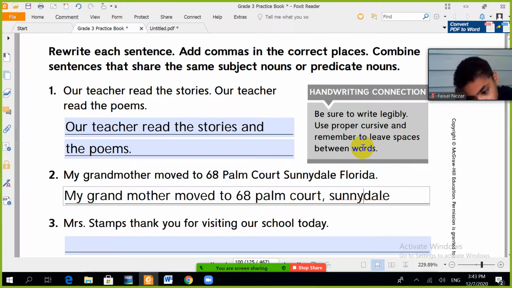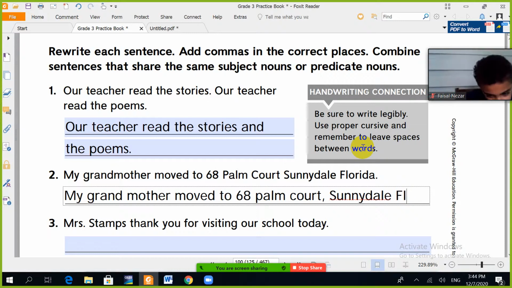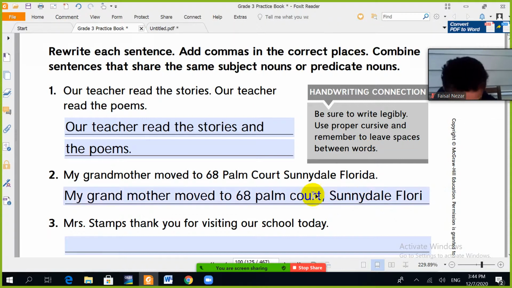We have to start with a capital letter because it's the name of a city. Then Florida. Finally, you have to put a period. So we have to complete that one.